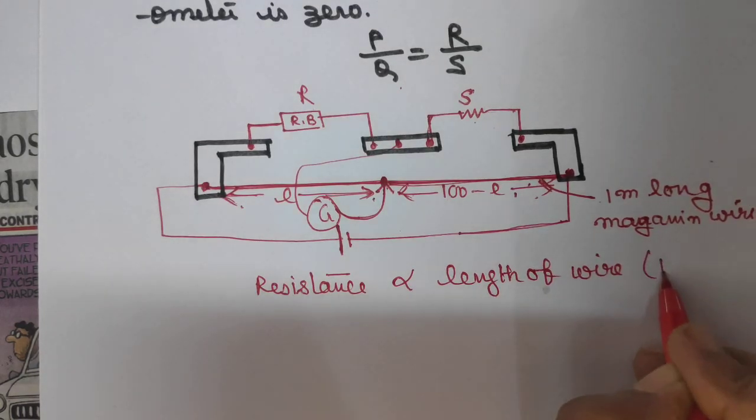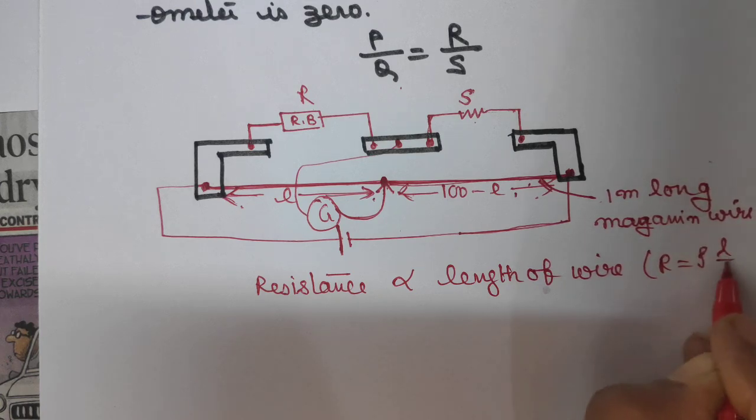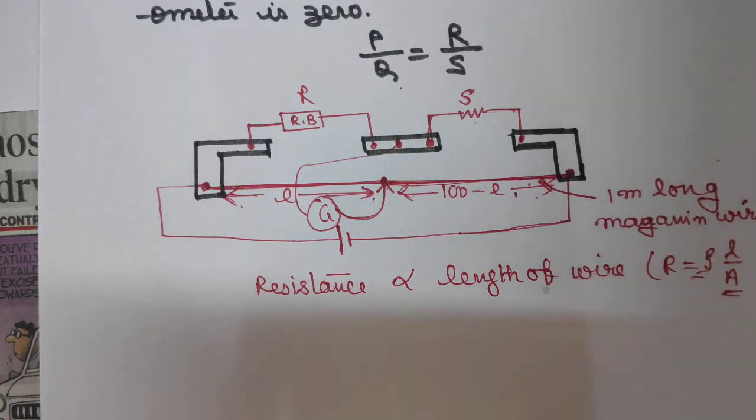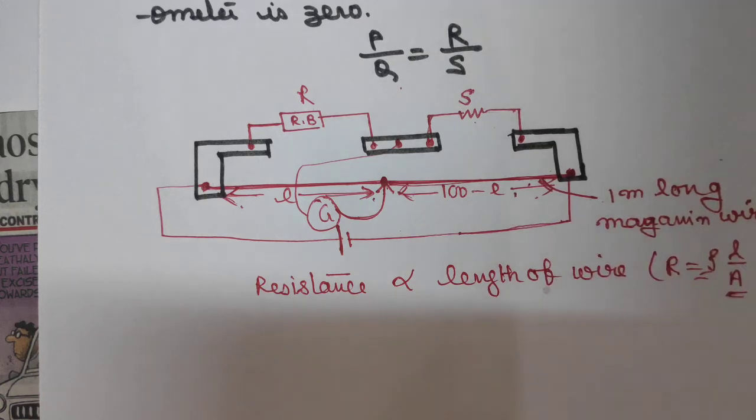We know the formula R equals rho L upon A. So A and rho are the same, so R is proportional to L.